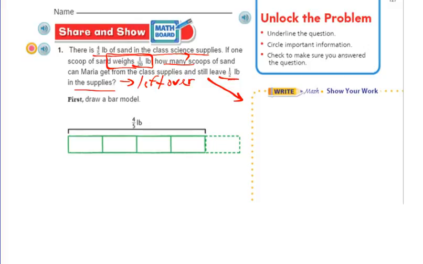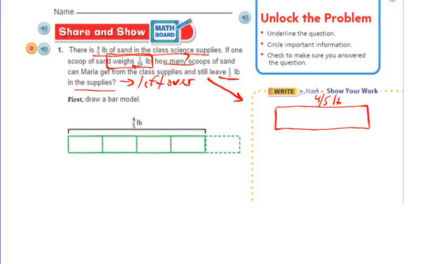So first things first, let's set up our bar model. So here's my bar model, and I'd like you to go ahead and set this up with me. In this situation, my bar model is going to represent the total amount of sand, which is 4/5 pounds. Okay, and I'm going to go ahead and jump in and put in my leftover right now.